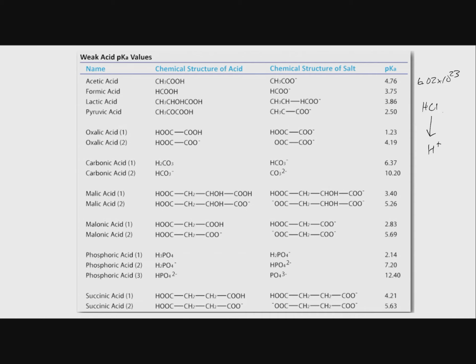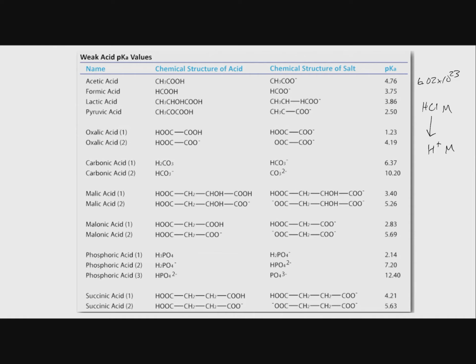And so whatever the concentration of HCl I had, that's the concentration of H+ that I have. That's not the case for weak acids. In the strong acid situation, there would be no more strong acid remaining. All the HCl would be gone. And same with if we used a strong base. All of the strong base would be gone because it would completely dissociate.